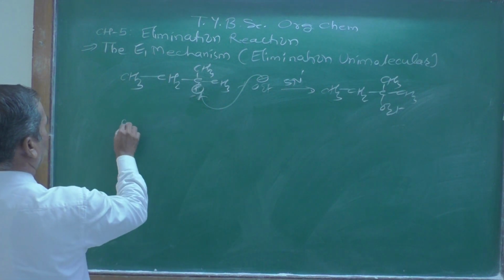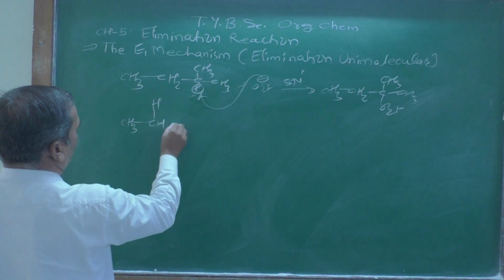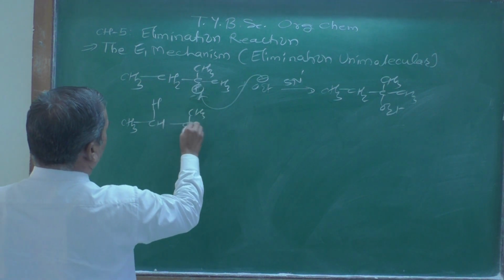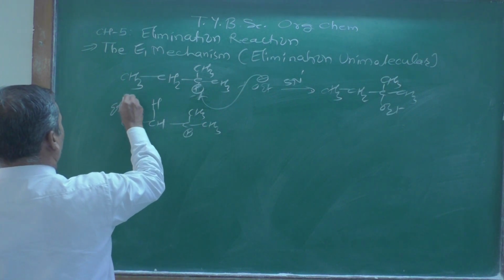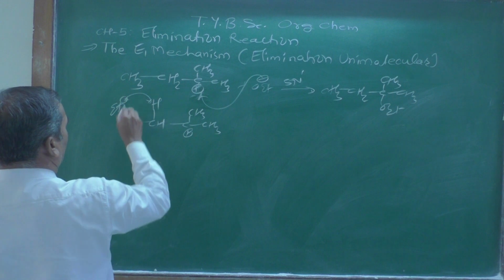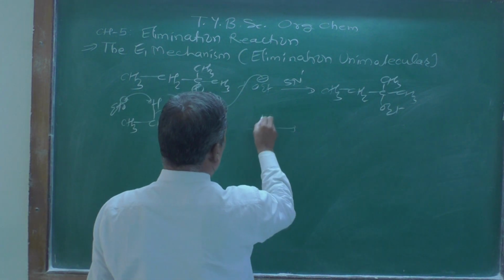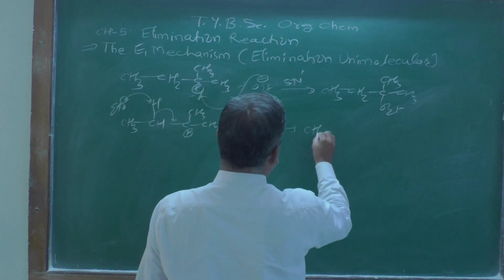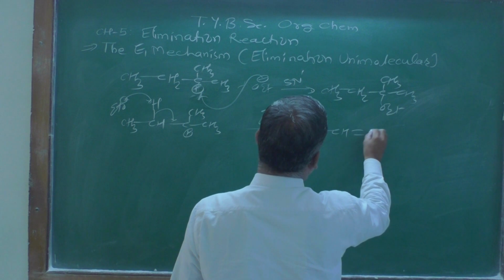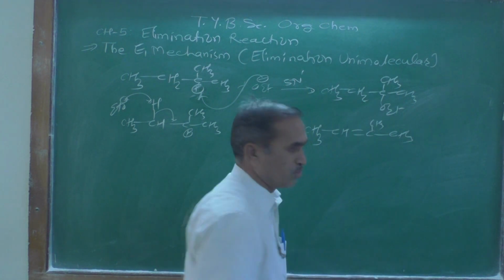And the second thing is, we know that there is CH3, CH, the beta hydrogen atom, next to the positive charge. The EtO minus can abstract that proton and form a double bond over there, by the E1 route, and you are going to get here CH3, CH double bond, C, CH3 and CH3, that is 2-butene.